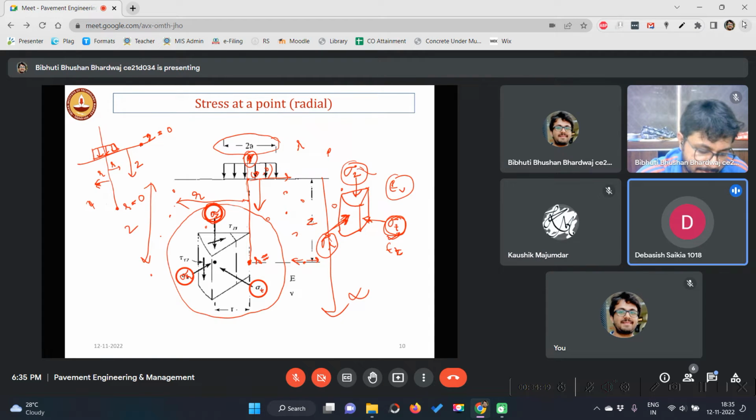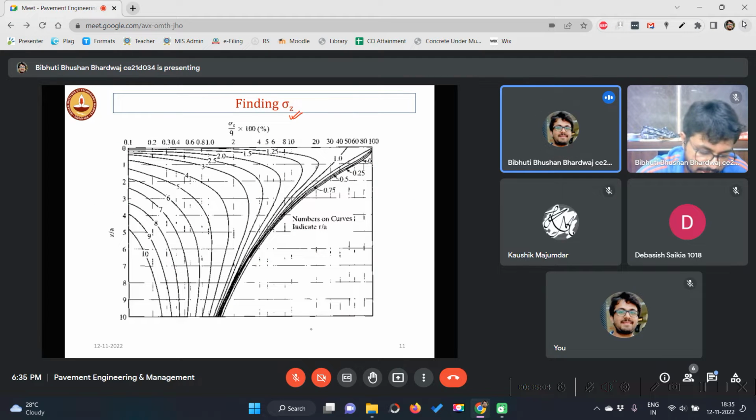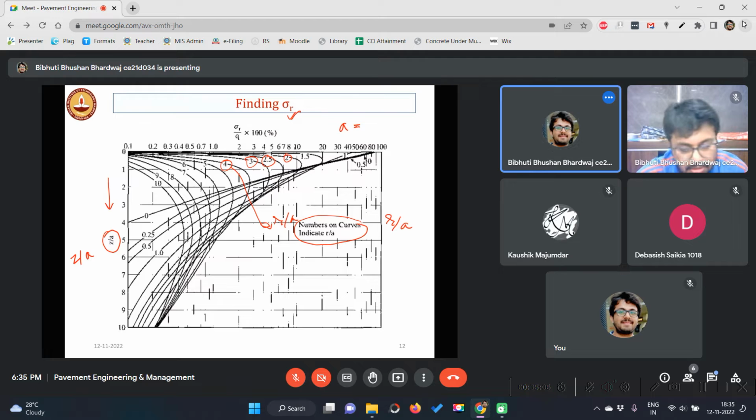The contact radius. This is the contact area, this is twice a, so the diameter is 2a and the radius is a. So everything depends on these three parameters only: r, z, and a.